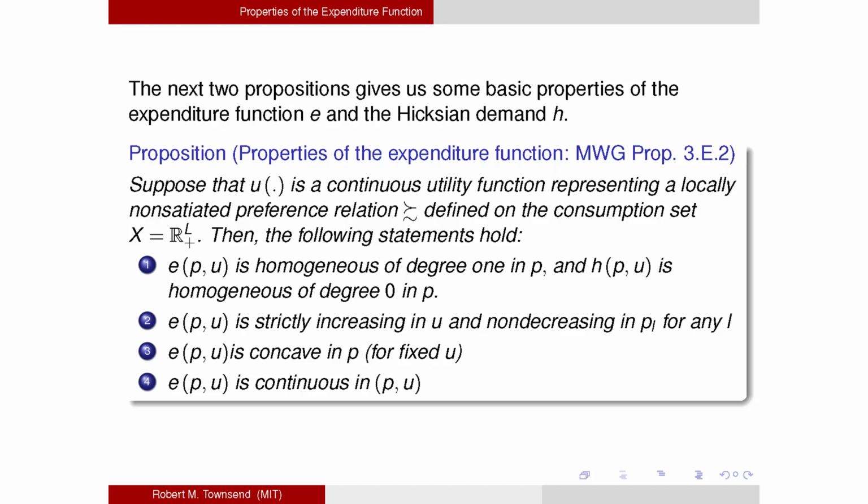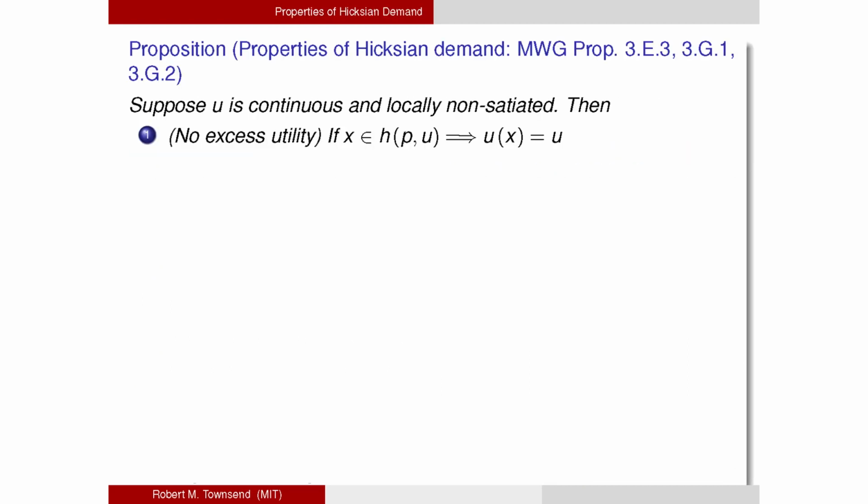The one I want to focus on is number 3, that the expenditure function is concave in prices for fixed utility. Okay, relatedly, the Hicksian demand is, if you're going to achieve a target utility U, then you will achieve it exactly, essentially.